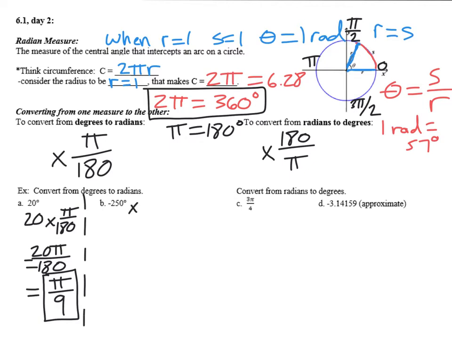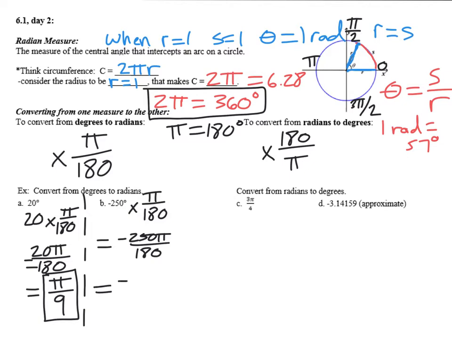Negative 250, negative angle doesn't matter, right? If we want to get to radians, we have to multiply by the ratio of pi over 180. Okay.